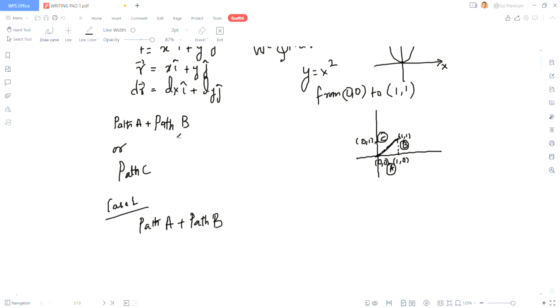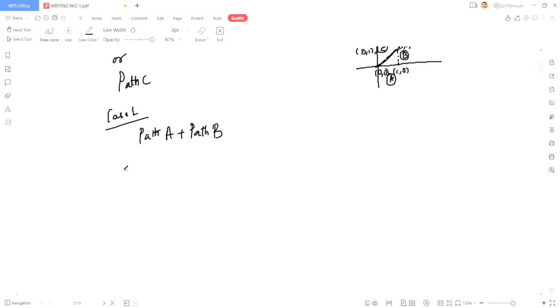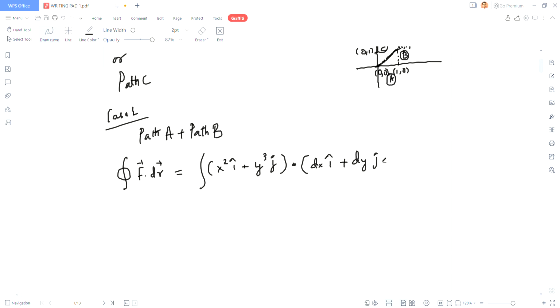So let's first write, at the top we can see our f. We have to find the line integral, right? So f dot dr, this will include x square i cap plus y cube j cap, dot product of dx i cap plus dy j cap. The integral will run according to the path we are selecting.